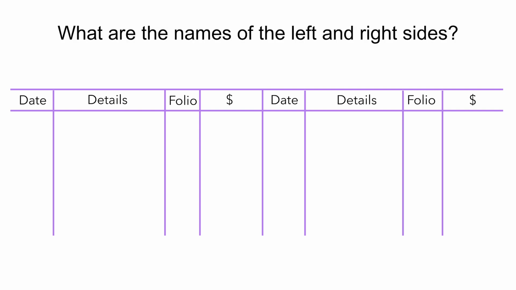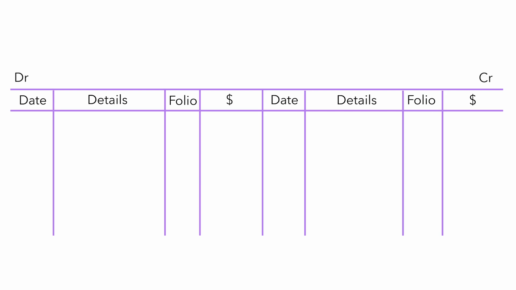Date, details, folio, dollar, date, details, folio, dollar. What are the names of the left and right sides? Debit and credit.